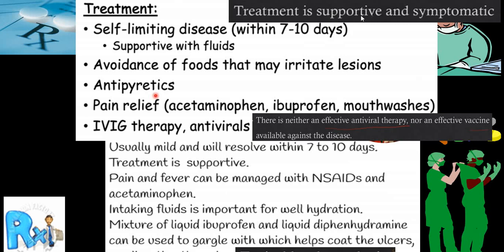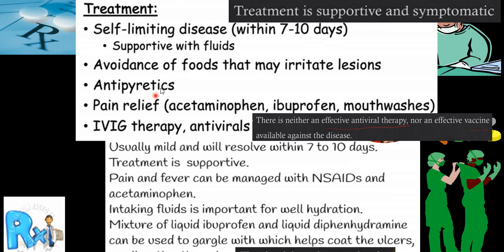As far as treatment is concerned, it is mainly supportive and symptomatic. So it is a self-limiting disease within 7 to 10 days. Mainly you will have to give lots of fluids because the person finds difficulty in eating because of painful ulcers. So you will have to give lots of fluids. Avoid food which irritates the oral lesions.